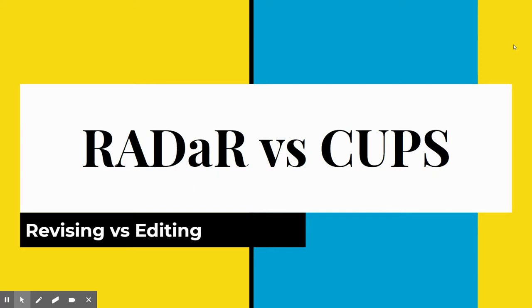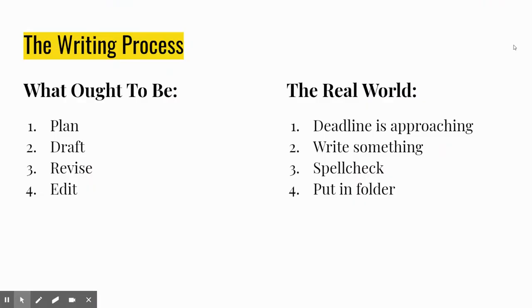So, writing process. I think it has an ought to be and it has a real world. The ought to be has people planning, drafting, revising, and editing. I've made an assignment. I've given you a couple of weeks to work on it.